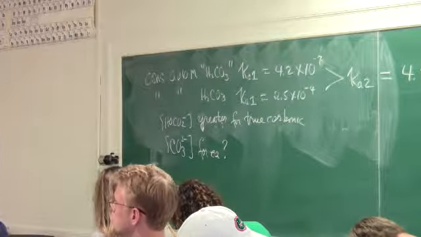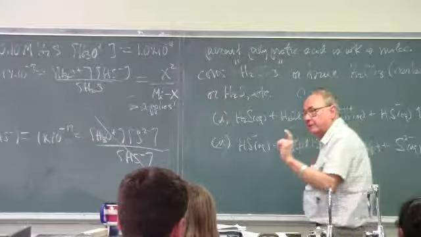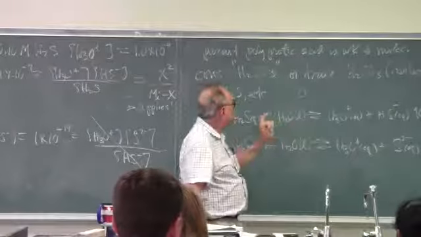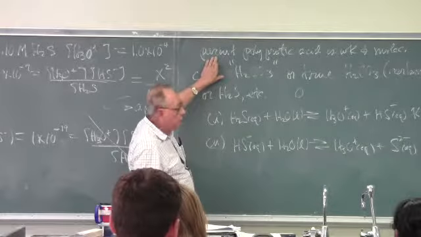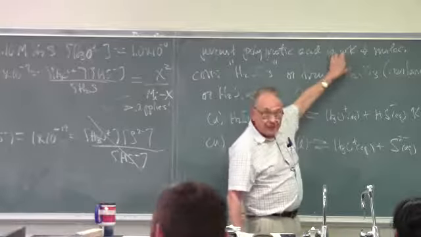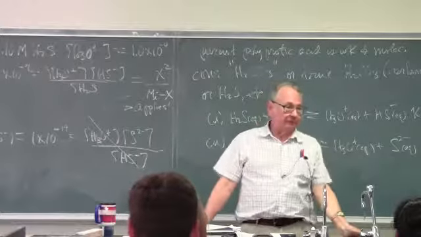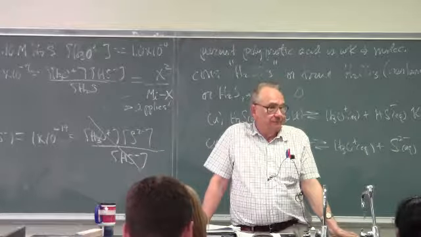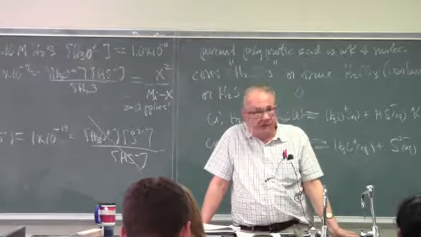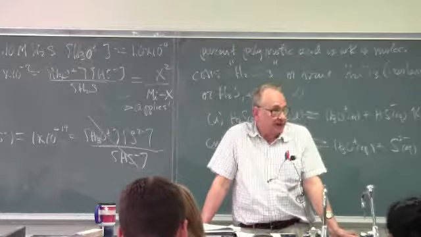I repeat, the reason why, in determination of a solution property like hydronium ion concentration for a water solution of a polyprotic acid which is weak in molecular form, you only have to pay attention to the first ionization equilibrium is that the second ionization equilibrium doesn't go anyplace. I don't care what the weak polyprotic acid is.